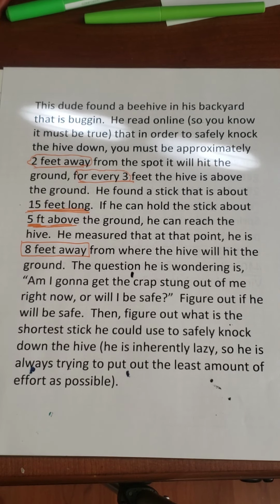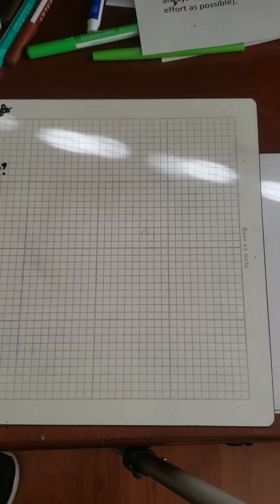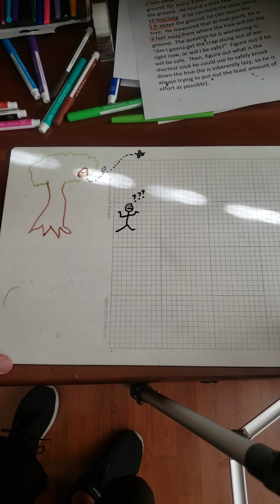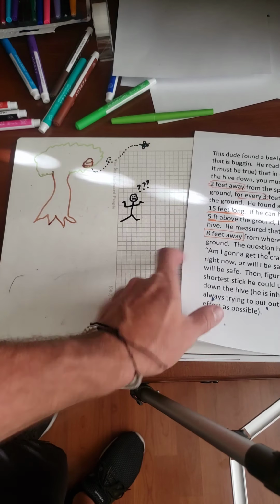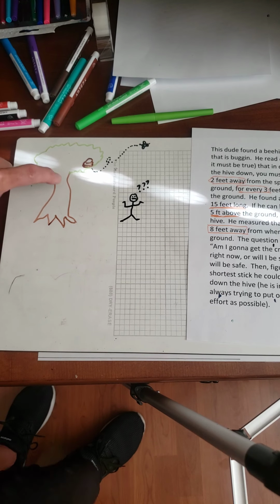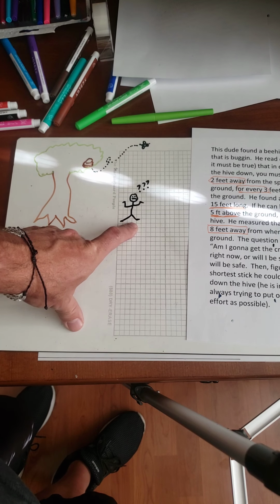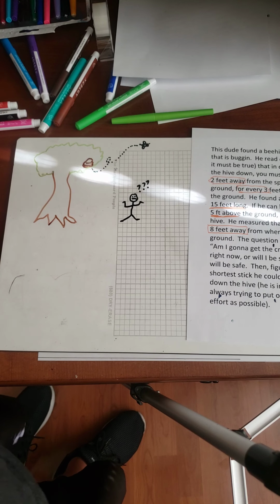Okay, so let's go and take a look at this. I've already set up a little diagram here for us to take a look at. So there we go. There's our dude, right? And so what we have here is, here's the tree, and there's the hive, and here's the guy, and then he's not sure, am I going to be safe or not?